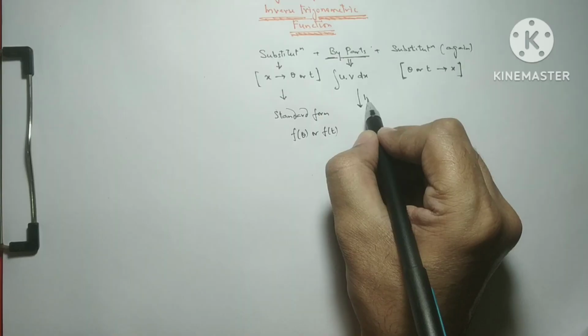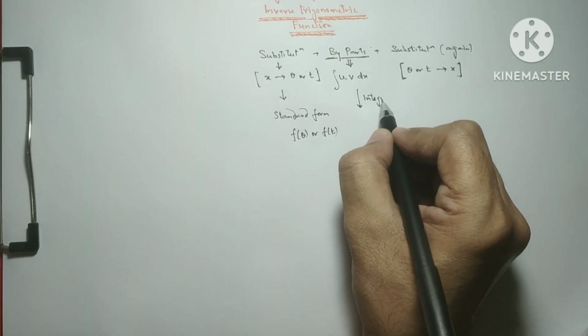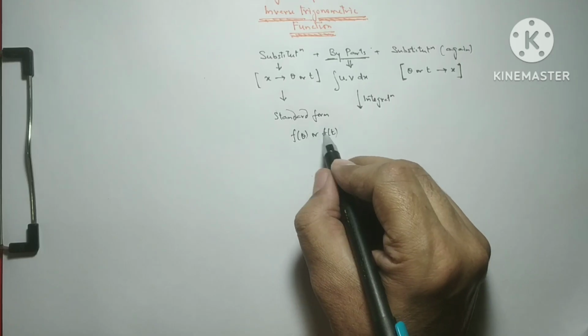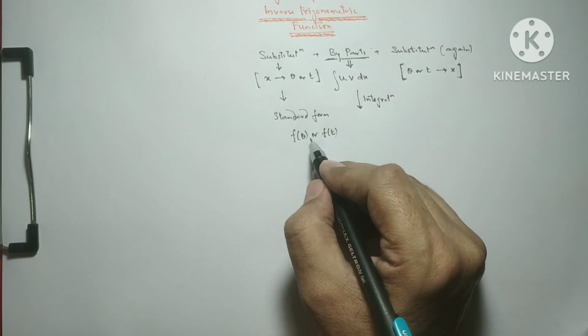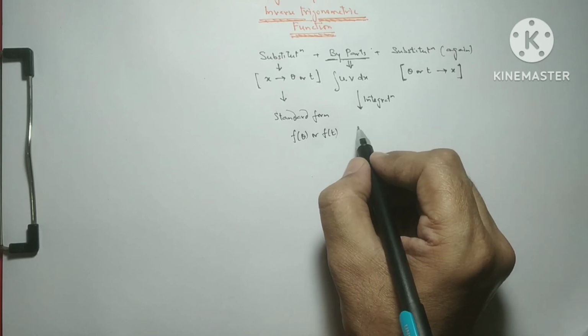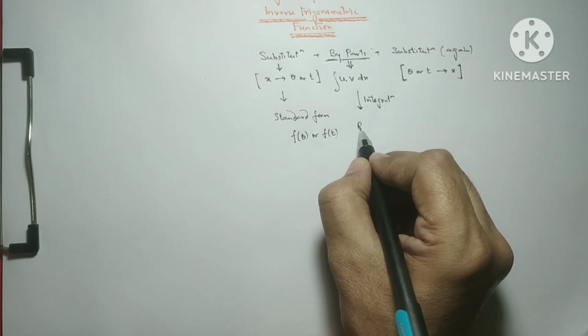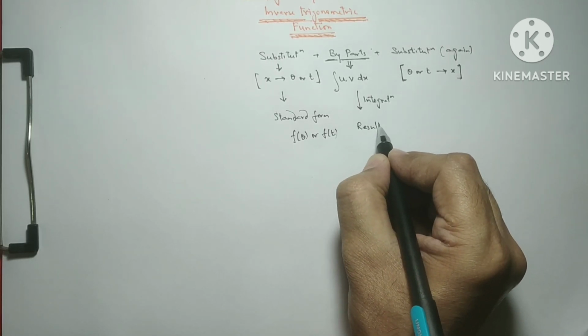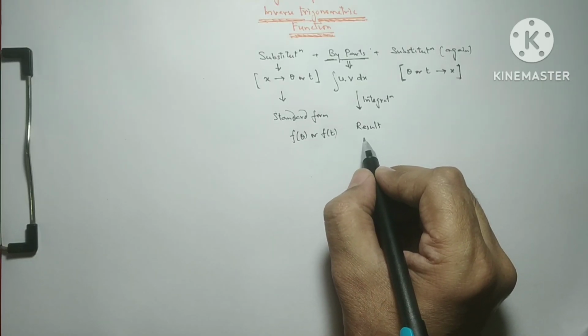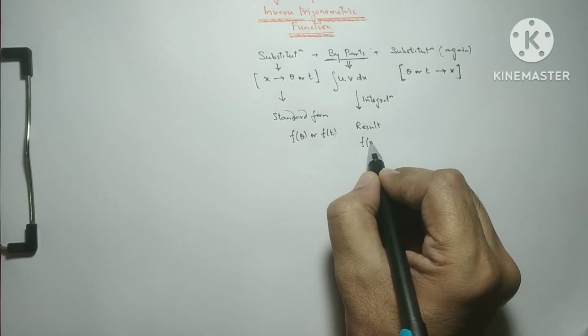Now integration is easy after using by parts and making the given expression into a standard form. We can easily integrate that function and we get the result, but in terms of again theta or t.